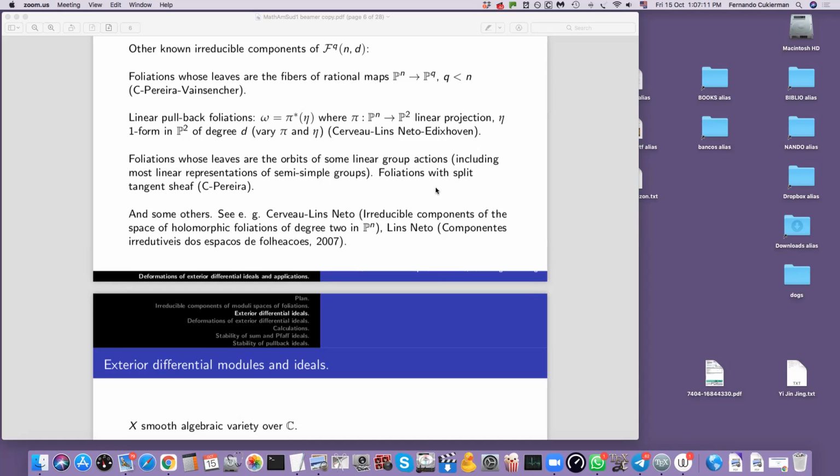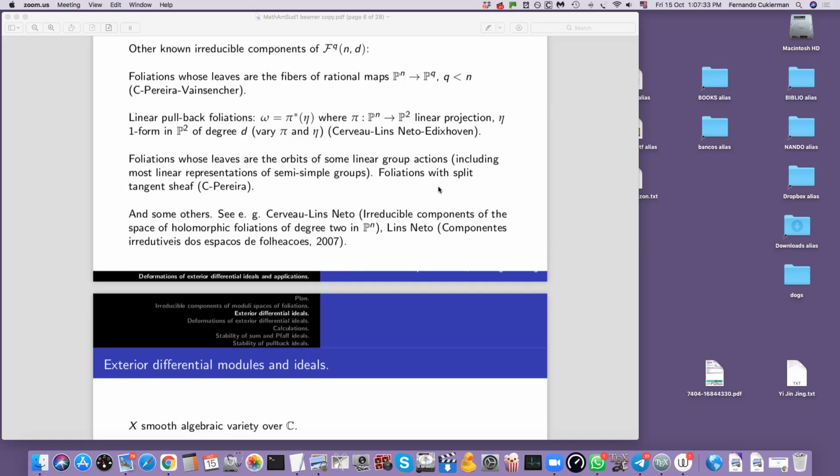These constitute a singular foliation, because the singularities will be at the points where you have non-trivial stabilizers. Okay, so it's a foliation with singularities. So the orbits are the leaves of this foliation.